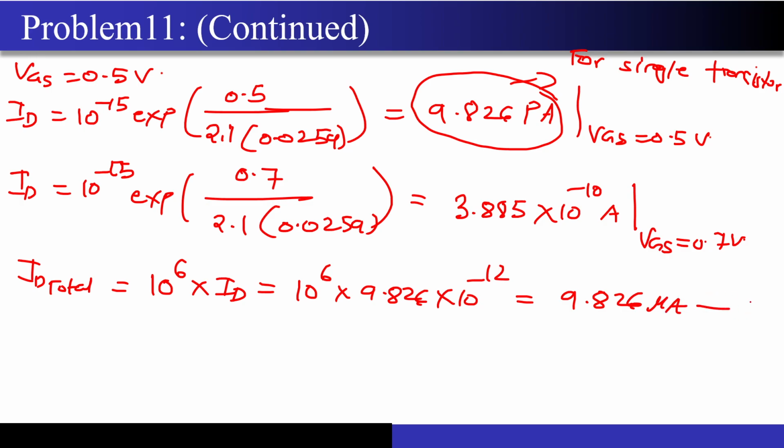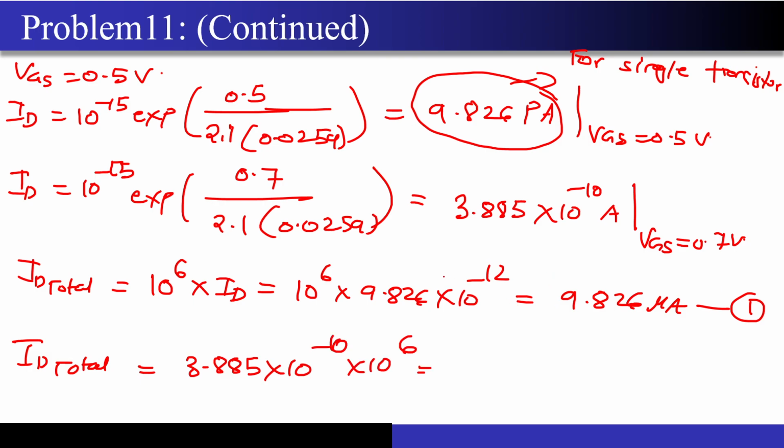This is for the first case. Now for the second case, ID total, if you do the same thing, 3.885 into 10 to the power minus 10 into 10 to the power 6, will come out to be around 0.388 milliamps. This is the second thing.